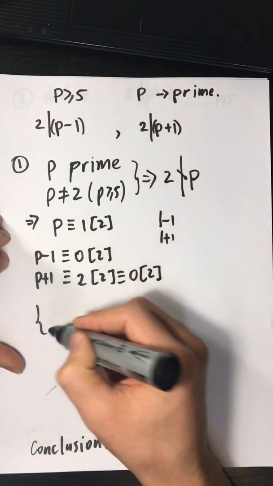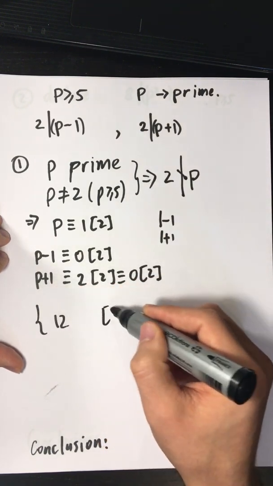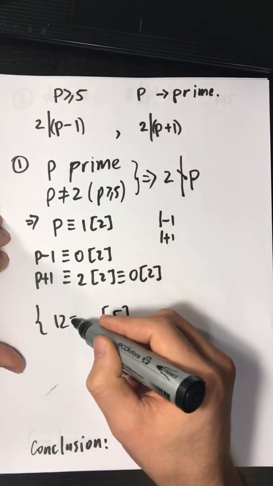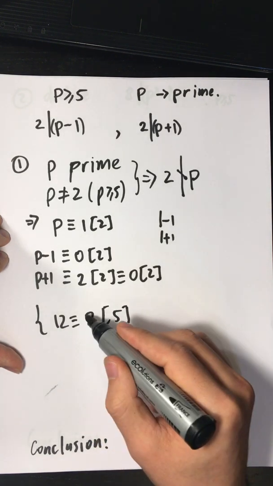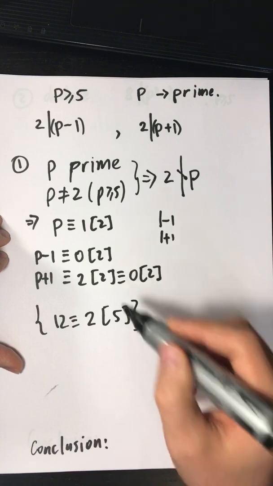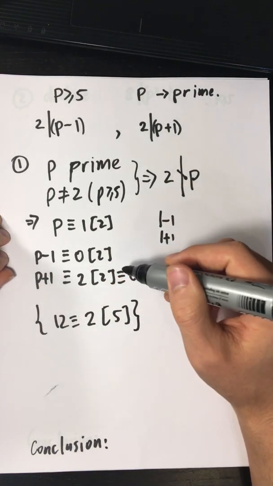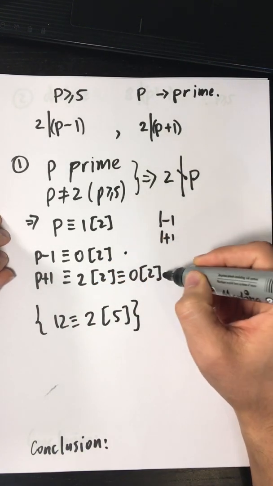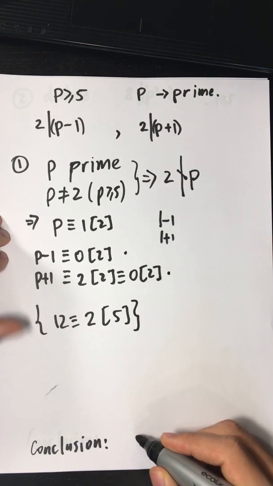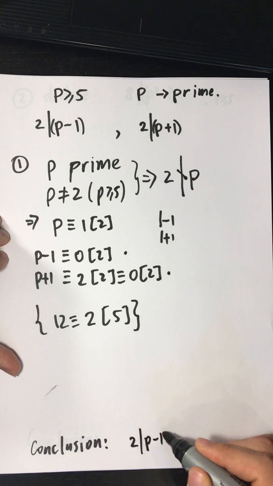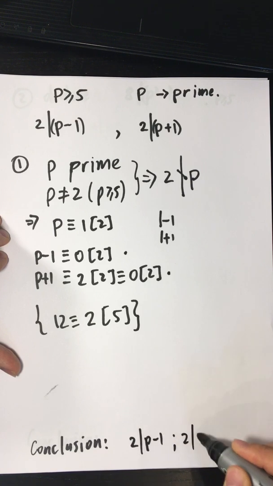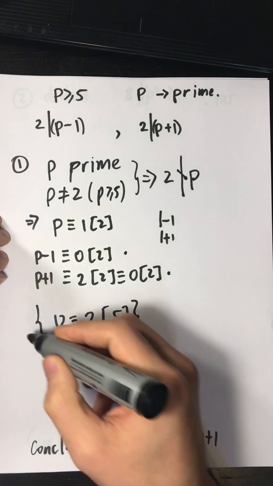For example, 12 mod 5 is 2, because you divide 12 by 5 and the remainder is 2. Here you write the remainder; that is how it works. So because of this and this, you can conclude that 2 divides p minus 1 and 2 divides p plus 1.